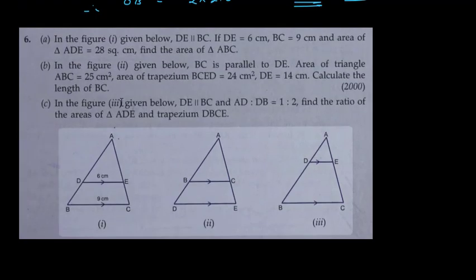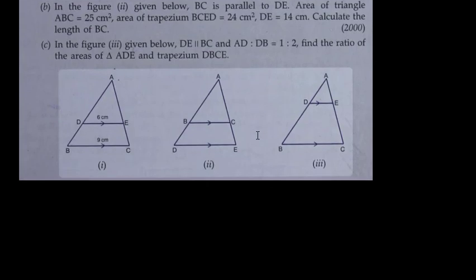In figure 1, you can see DE is given parallel to BC, and DE is equal to 6 and BC is equal to 9, and the area of triangle ADE is 28. We have to find the area of triangle ABC.